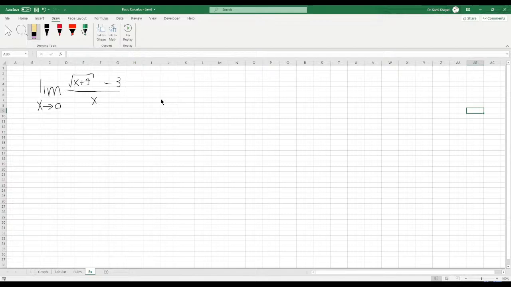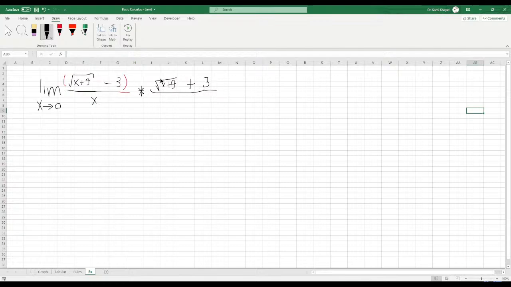We need to modify it. Now, to modify this one, if you see something like that, we can do it like this. What I will do, I will multiply it by the square root of x plus 9 plus, you see, this is minus, I use a plus, 3.